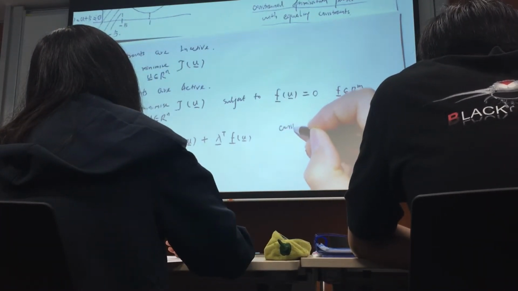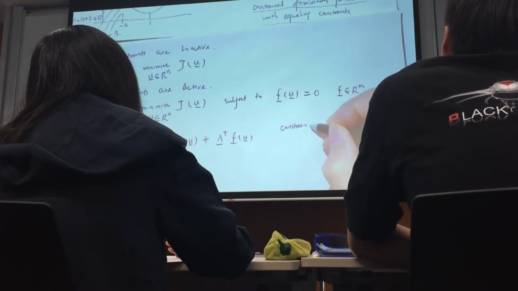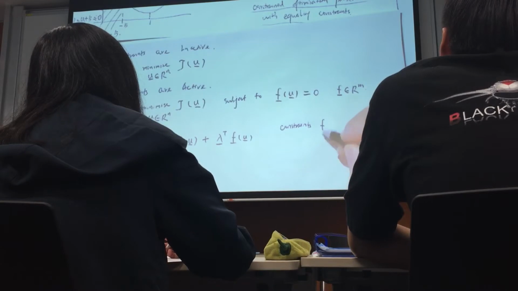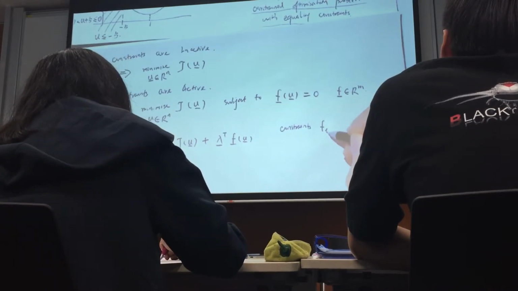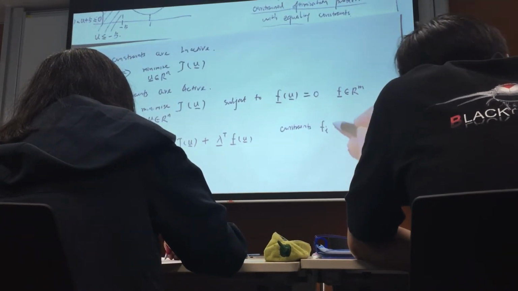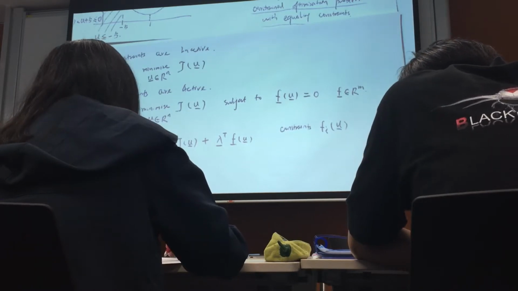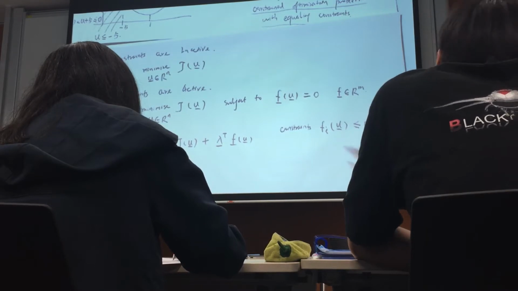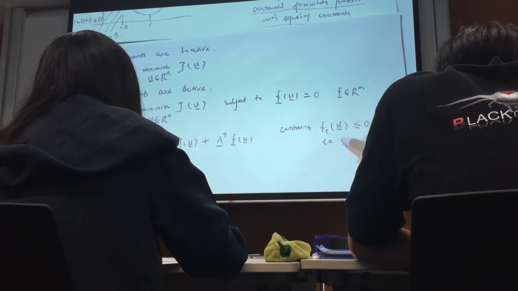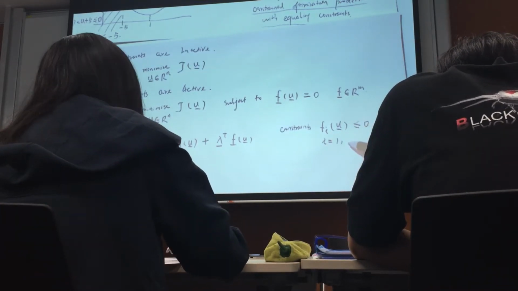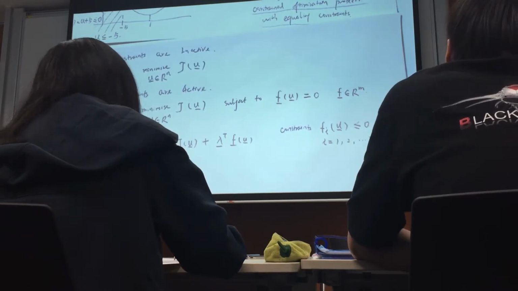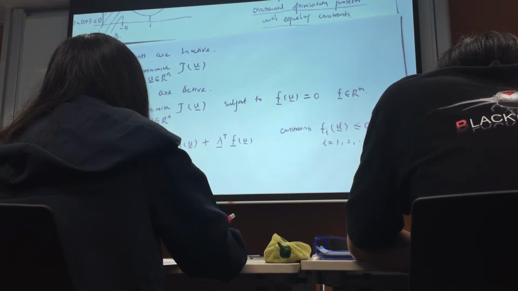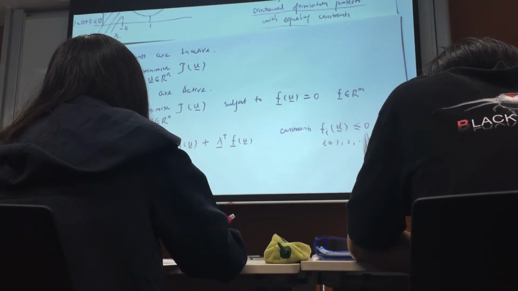So the constraints we have, F_i(U), are smaller than or equal to 0. So we define this i to be equal to 1, 2 up to M. So assume we totally have M inequality constraints defined in this way.